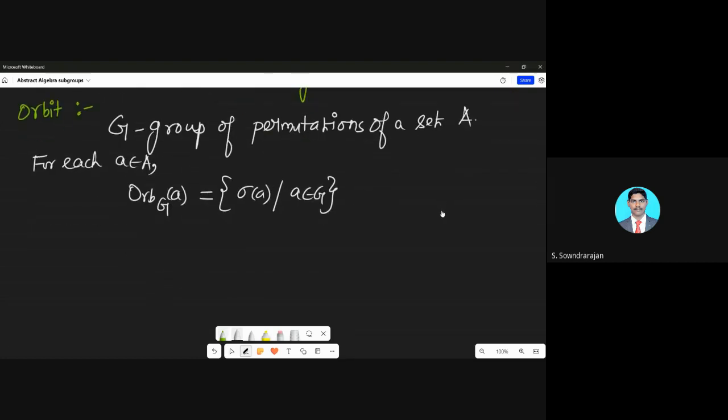Like that, we can define the stabilizer of a.